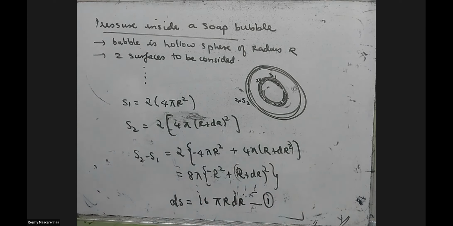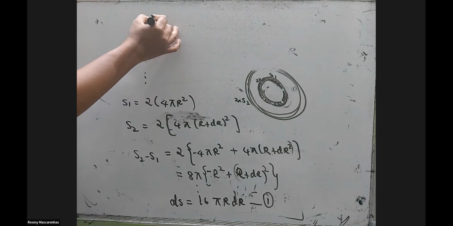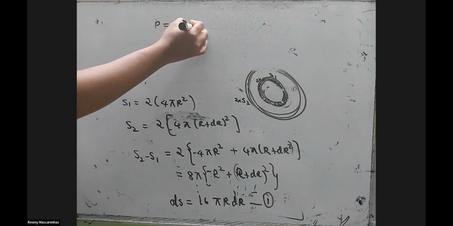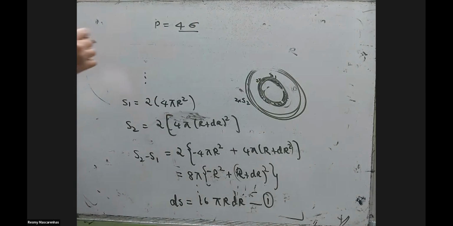After that, continue the same, copy as it is like the previous one. And then last, while substituting, this would be 16. Your final answer will be, instead of 2, it will be 4. Why did this 4 come? Because we are considering 2 times the surface.